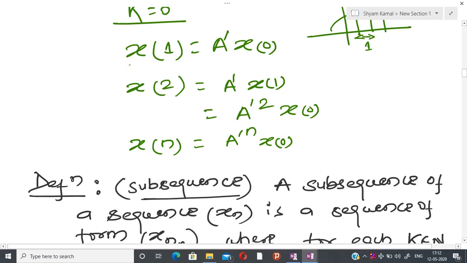So here, initially I have some kind of differential equation that is continuous, but in order to simulate something using a computer, and whatever computer we are using is a discrete computer, somehow I have to convert the continuous quantity into a discrete quantity. At that time we have to take help of this kind of sequence. So here x1 is a vector, but if you have a scalar quantity, then x1 belongs to R only.